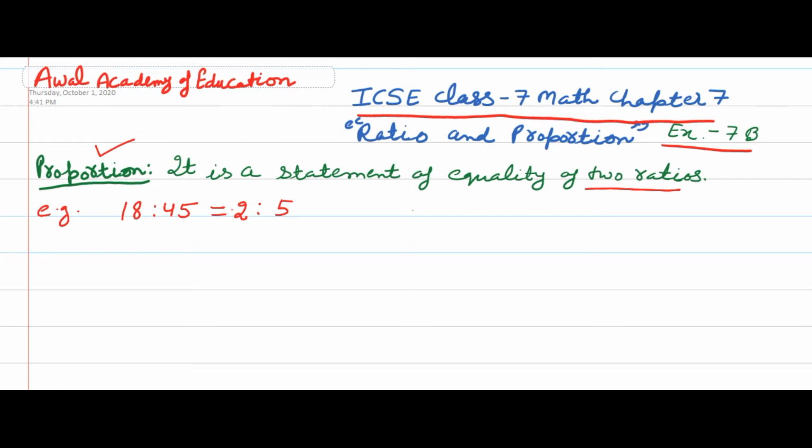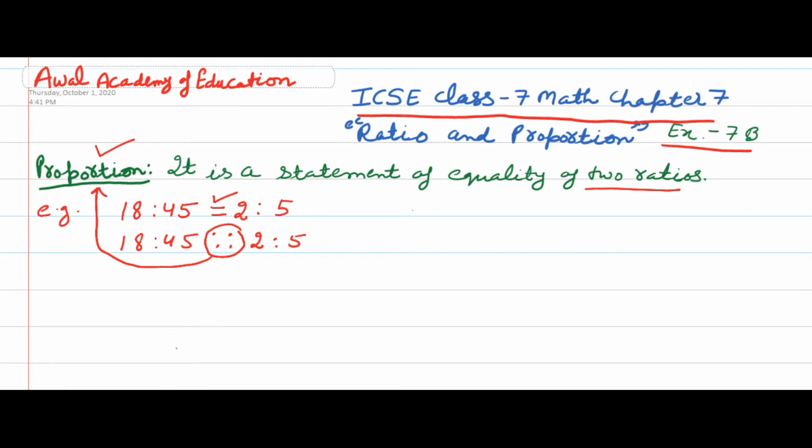That is, they are divisible by the common factor 9. Now I have put equal to here. If I write it as 18:45 with 4 dots, 2:5, these 4 dots have taken the place of equal, so now they are your proportion. This is the sign of the proportion.